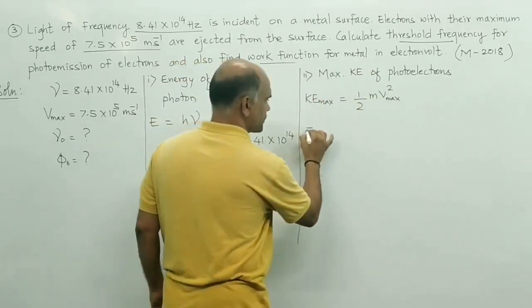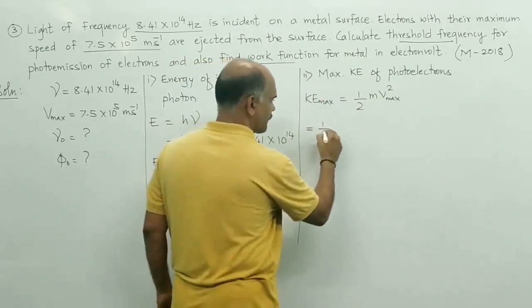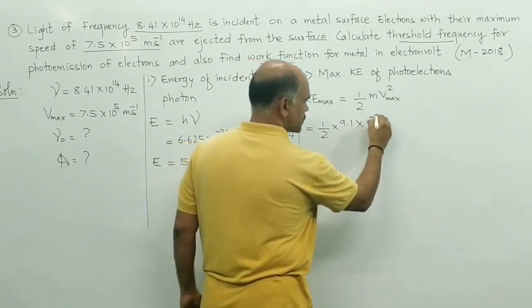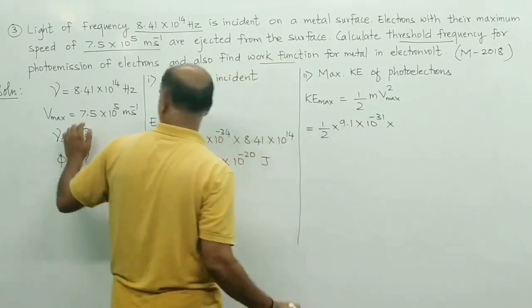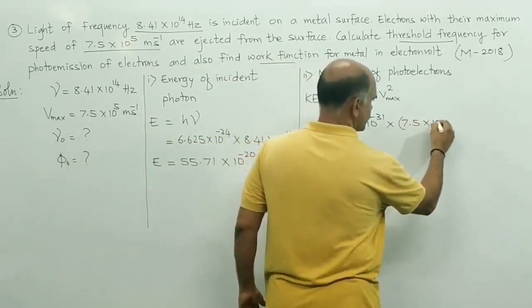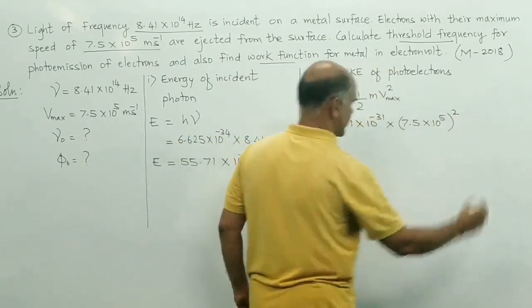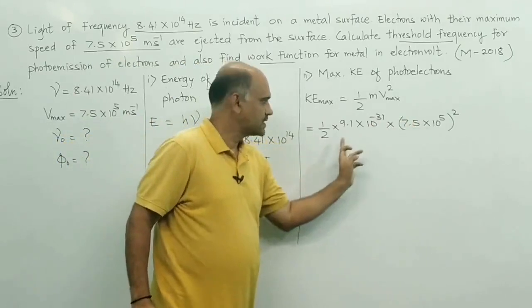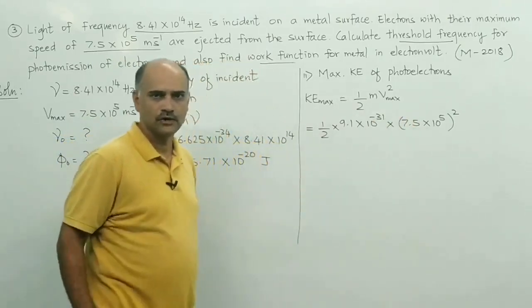So if I substitute KE max, half, mass is 9.1 into 10 raised to minus 31 and Vmax is 7.5 into 10 raised to 5, bracket square. So first I will square this, then I will multiply all the terms.